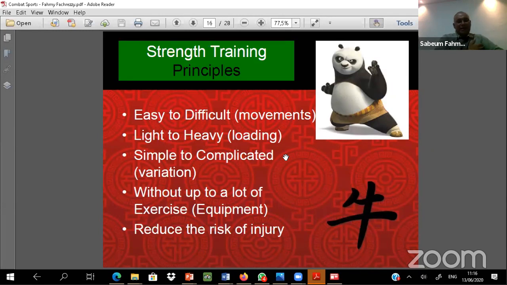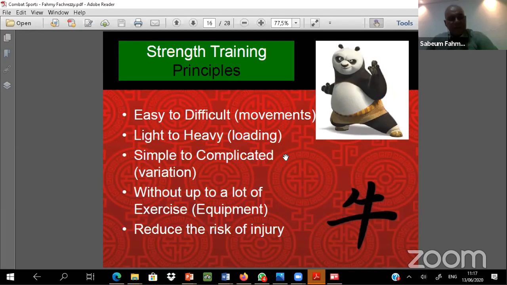The next, without a lot of exercise equipment. The problem in Jakarta is many coaches have much equipment, but in another place they don't have equipment. So we know about the equipment, but the coach must create the program with natural means. I only have this, okay, but I have many programs.